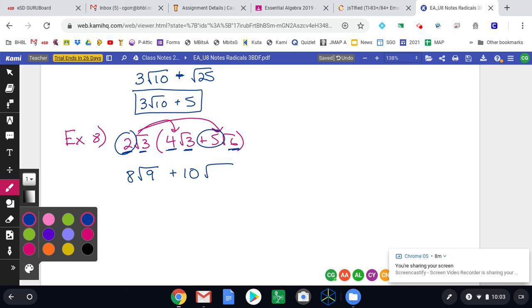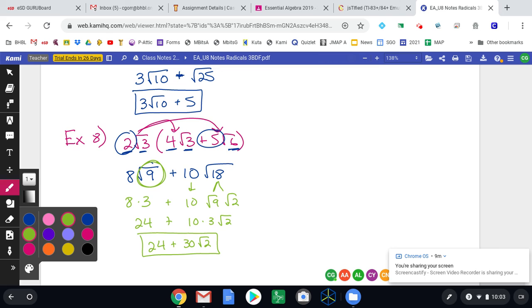Inside, inside, radical 18. Now I'm going to break these down. This one right here is a perfect square, so this is just 8 times 3. There's 24. Now my 18, bring that 10 down. 18 is radical 9 times radical 2, which gives me a 3. So my answer then is 24 plus 30 radical 2. And remember, they're not like radicals, so they can't go together.